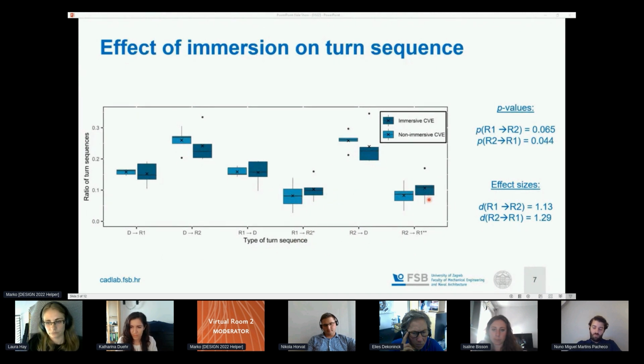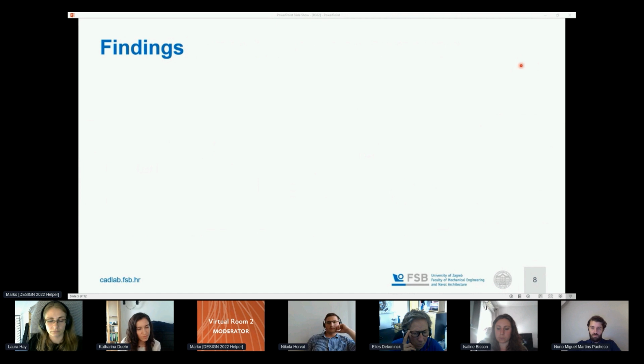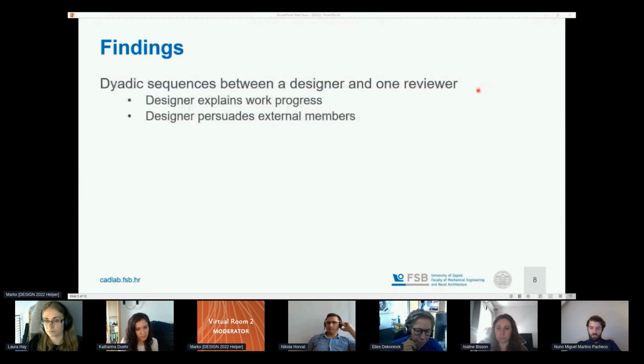In other words, after a reviewer is talking, the probability that another reviewer will start talking is higher in immersive than in non-immersive environment. Indeed, we conducted a paired t-test for the results, and the results were significant, and the effect sizes were large. Overall, the results show that there are dyadic sequences between a designer and one reviewer.